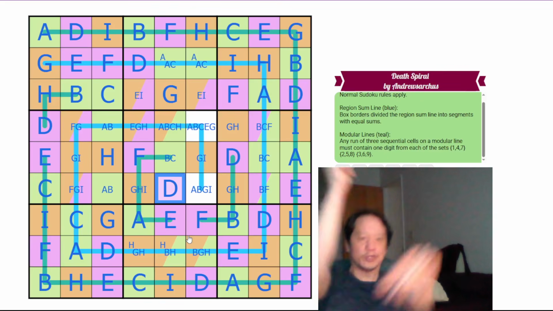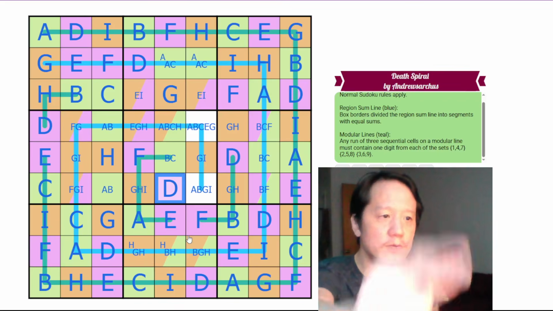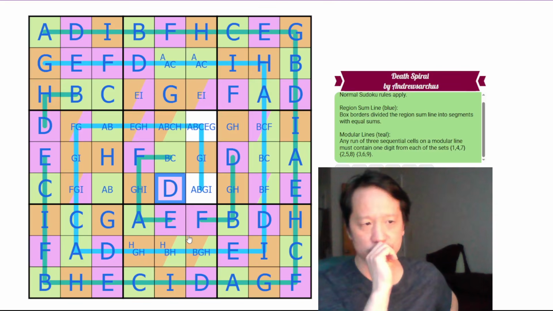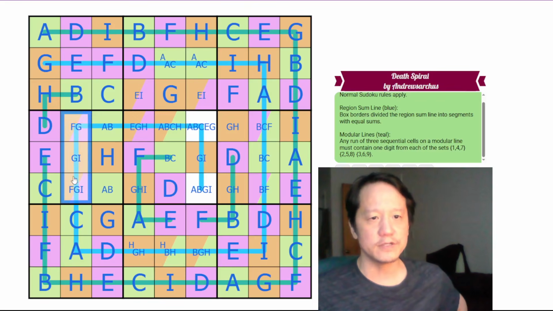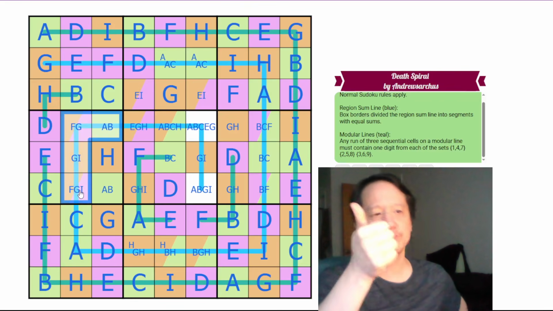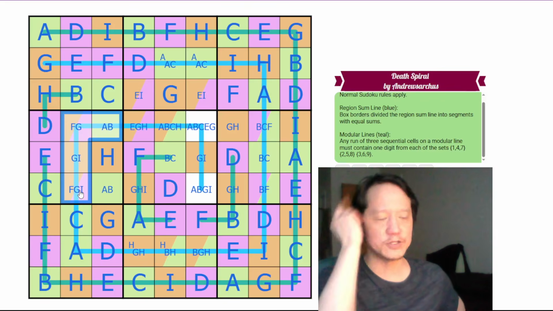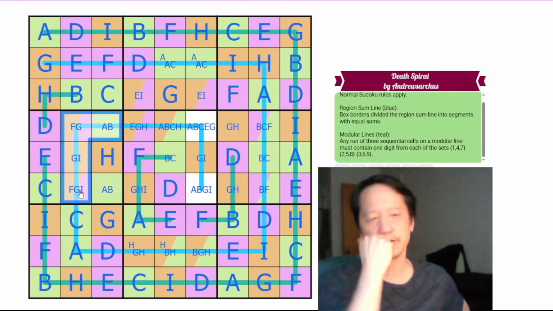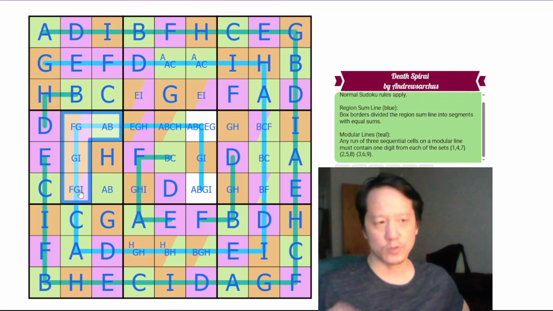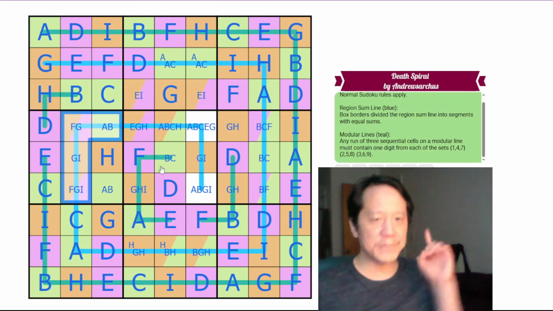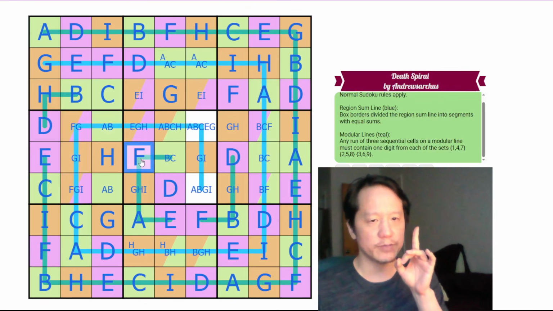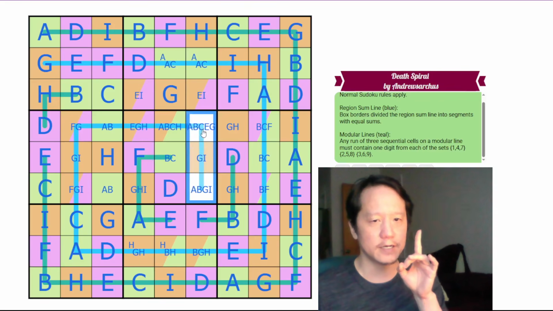Okay, so we know orange cannot be 0 mod 3. Because we have 2 0 mod 3s, we would have to have all of these adding up to 0 mod 3 because we have 1 1 mod 3, 1 2 mod 3, and 2 0 mod 3s if that were the case. So that doesn't work. So orange cannot be 0 mod 3. Pink cannot be 0 mod 3 because we have 2 pinks not on the region sum line.